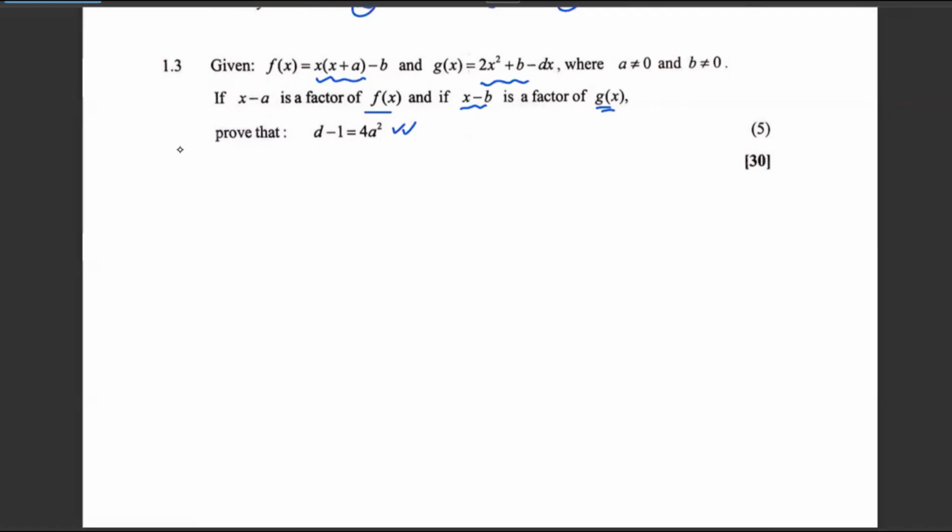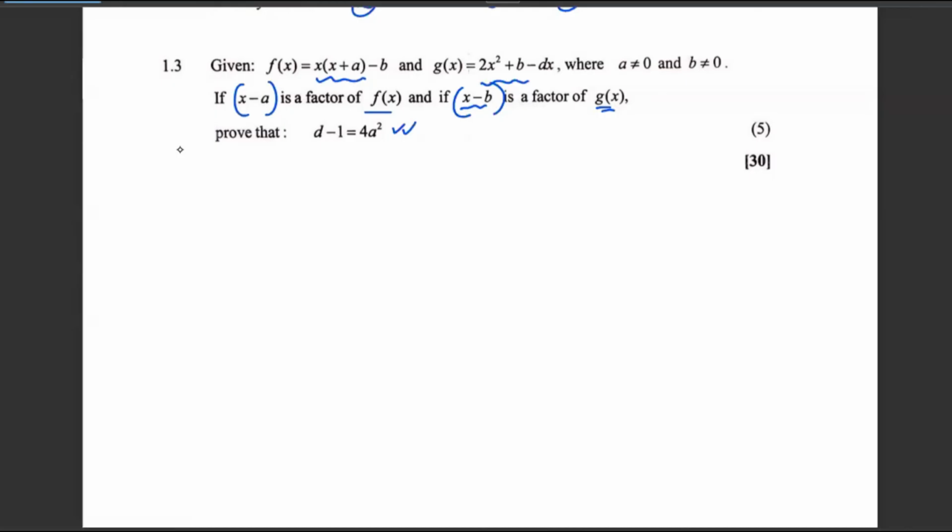The only thing that I believe will guide us is this. What is a factor? A factor is something that is divisible, that element that is divisible into the function.